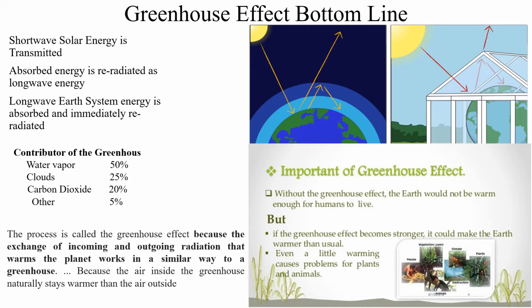When you have a lot of greenhouse gases in the atmosphere, it traps more heat, and more heat leads to more warming, and more warming leads to different types of problems. So make sure that you know all the greenhouse gas names, and how the greenhouse effect works, and how it is helpful and how it is detrimental when it becomes excessive.